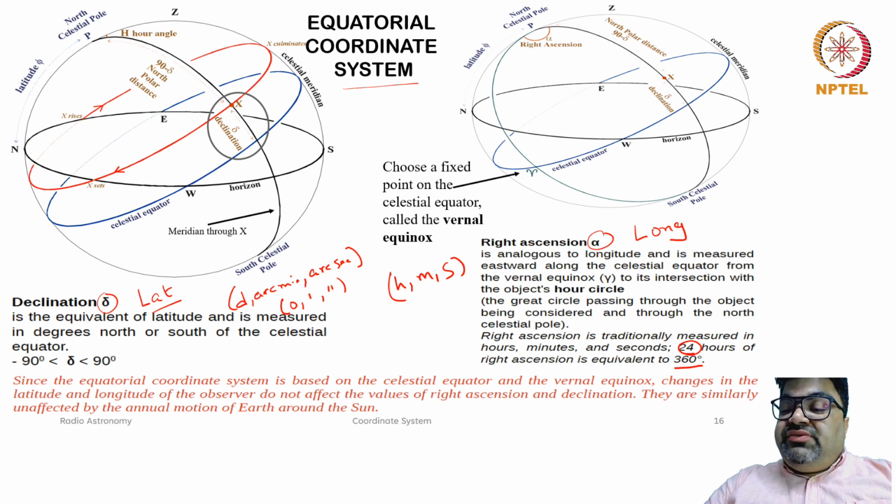If we draw a meridian passing through X, intersecting the north celestial pole and the south celestial pole, an imaginary line passing through the location X of that cosmic source, then declination is the angular separation between the intersection of X on that meridian and the intersection of the meridian with the celestial equator.